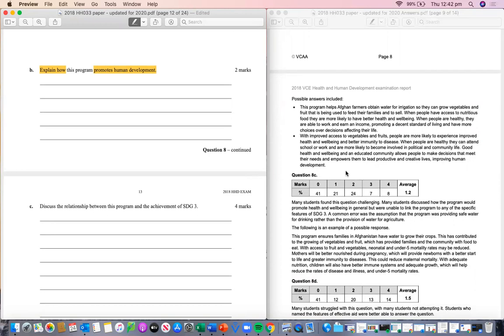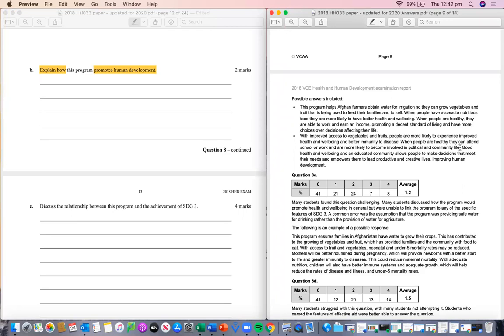So as you can see here, the first mark obviously stems from the first area of the question, which looks at access to fruits and vegetables, building immunity to diseases, and the impact that might have.